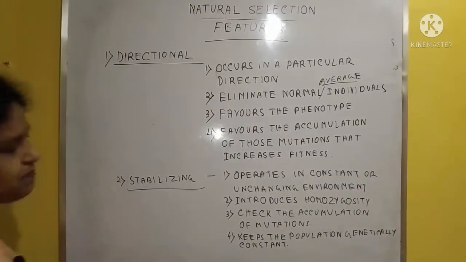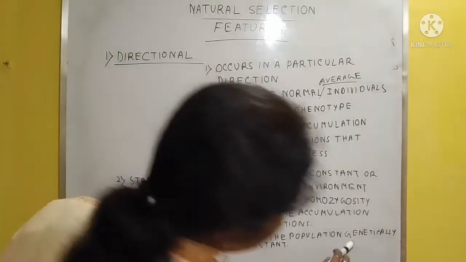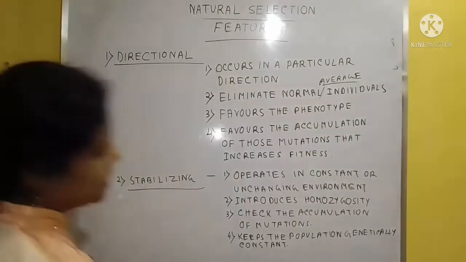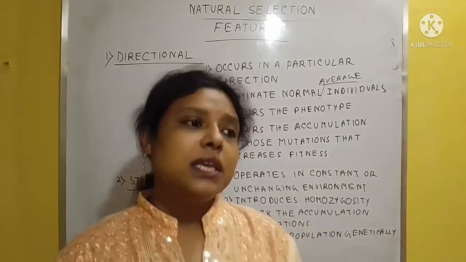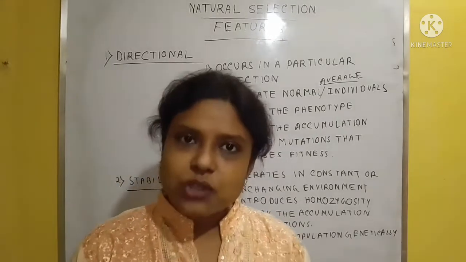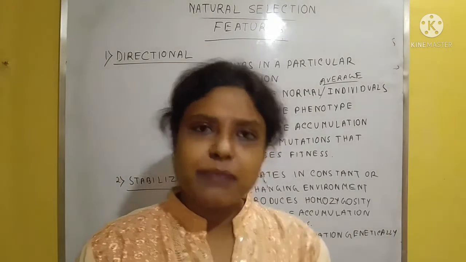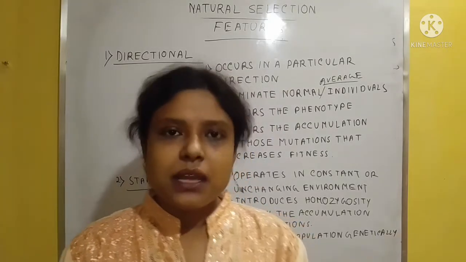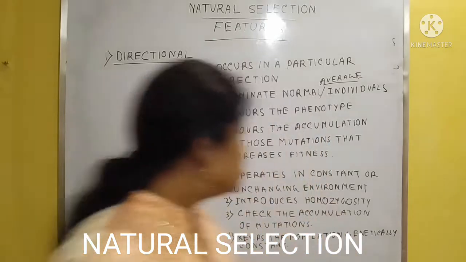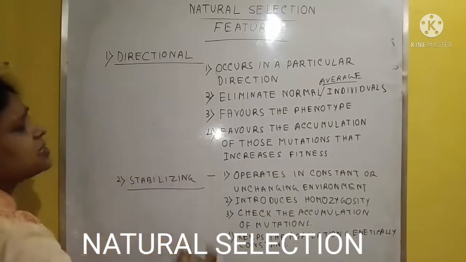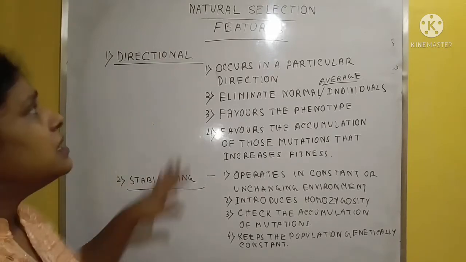And the last one, that keeps the population genetically constant. Naturally, if new characters or new variation are not seen, the individuals remain without any changes in any particular species. Clear? So these are the features we can see in directional and stabilizing selection.